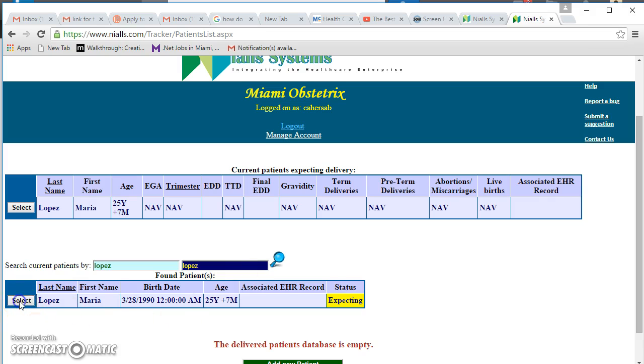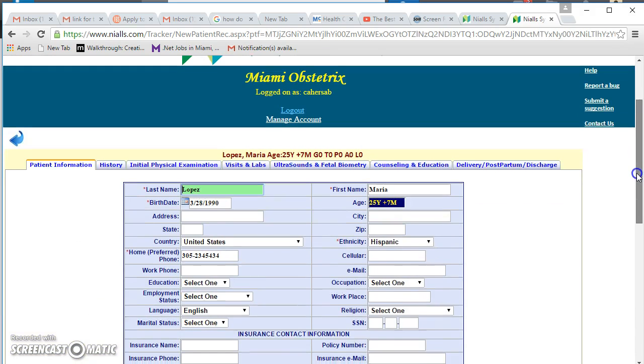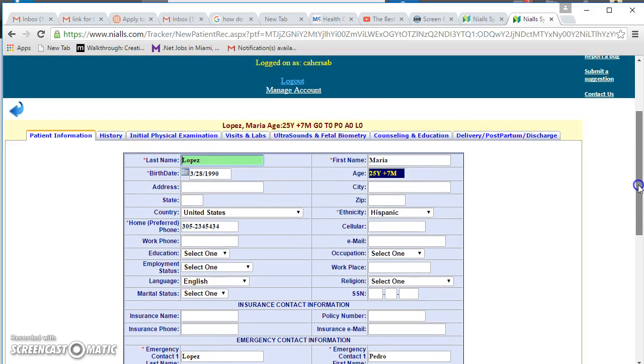So she's expecting, and then we can retrieve all her information again.